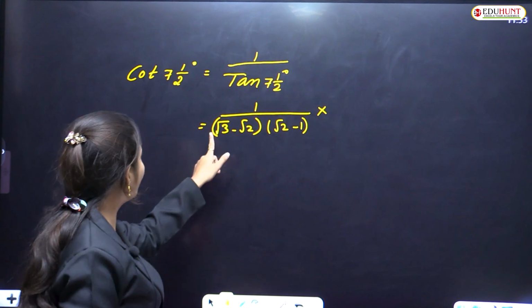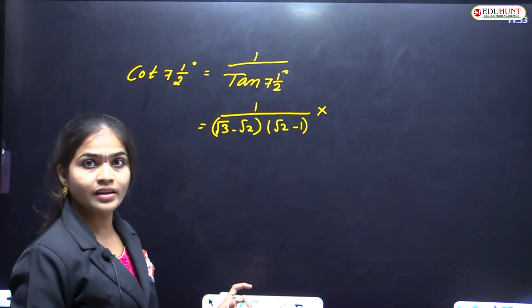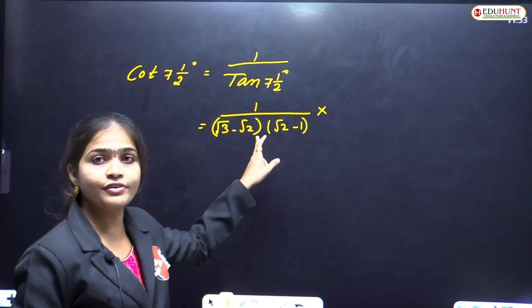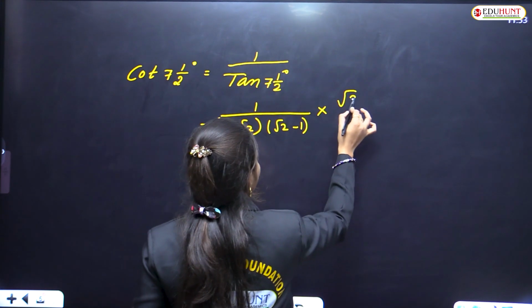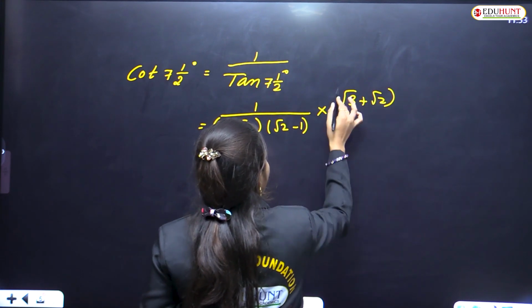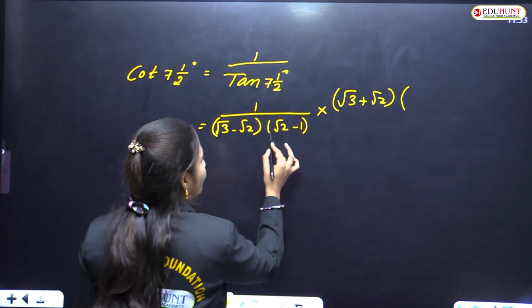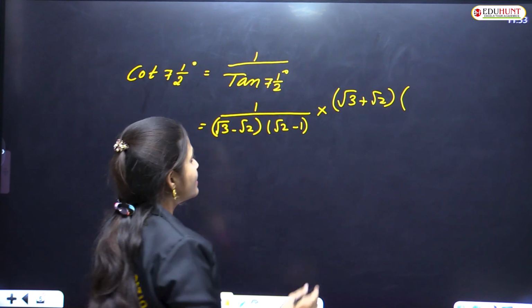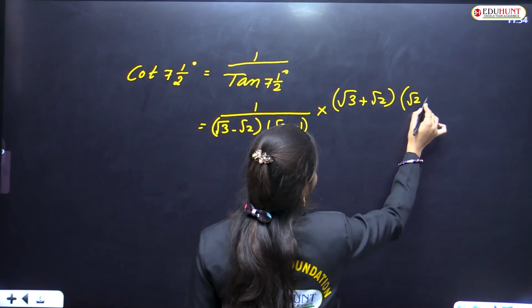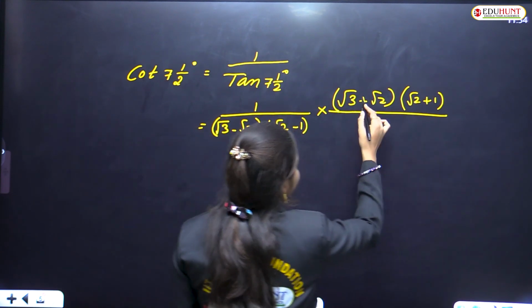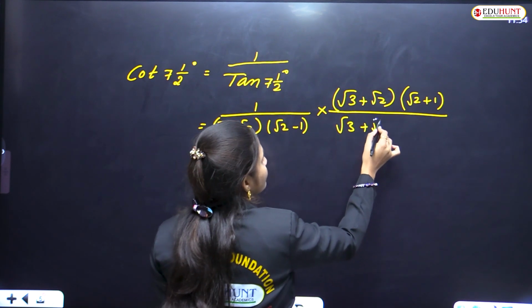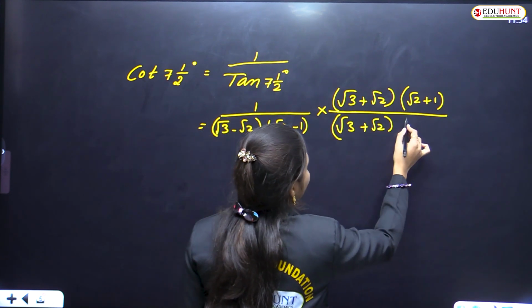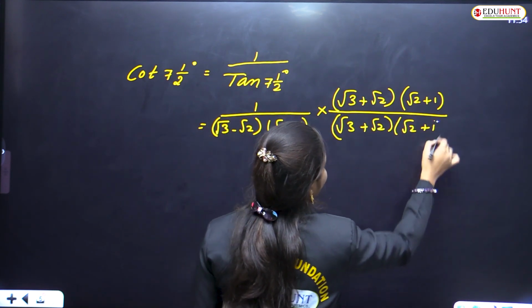The RF of root 3 minus root 2 is root 3 plus root 2. And in the same way, what is the RF of root 2 minus 1? That is root 2 plus 1. We divide and multiply with root 3 plus root 2 into root 2 plus 1.